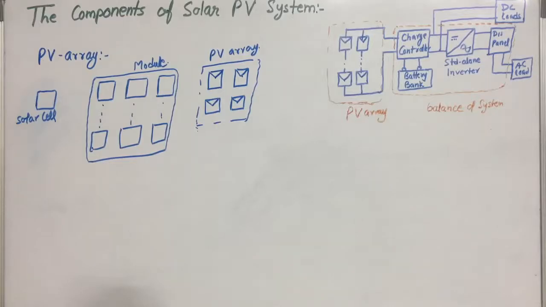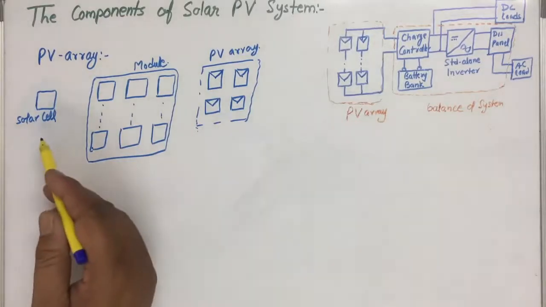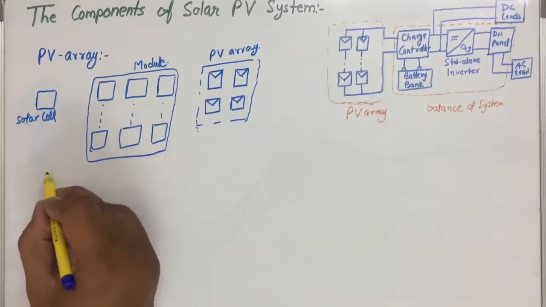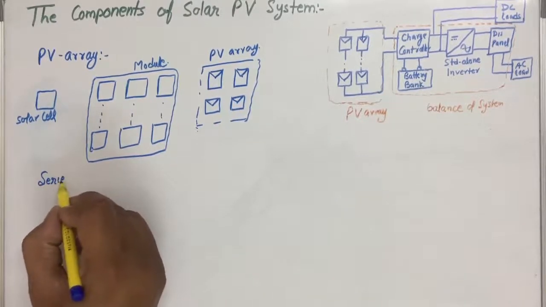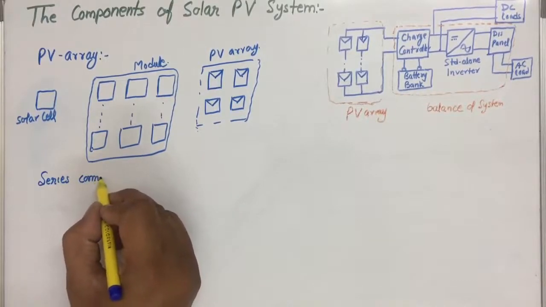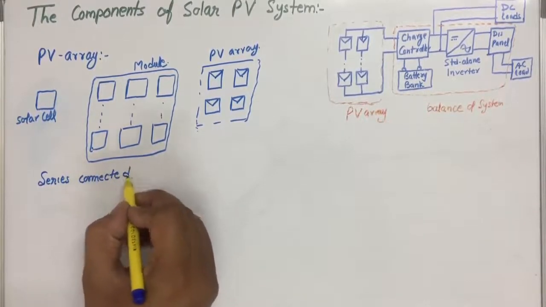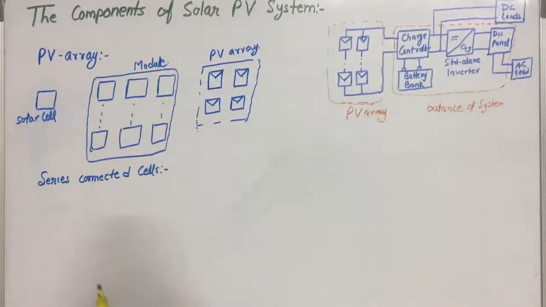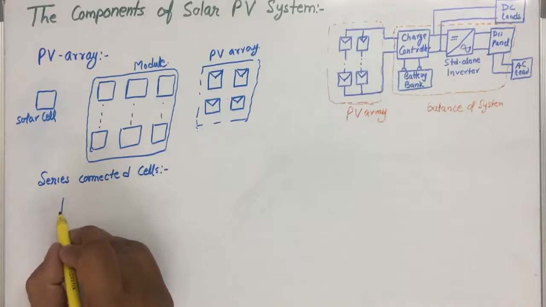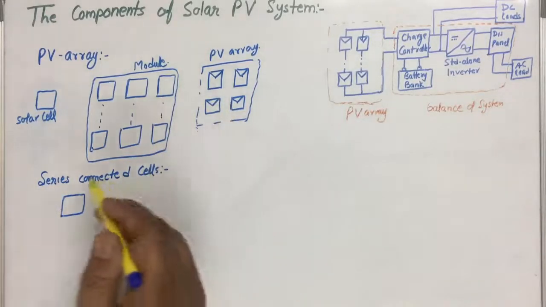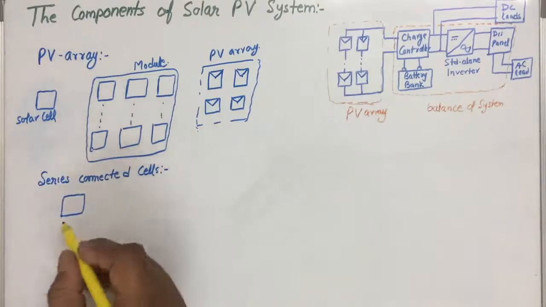So let us first consider when cells are connected in series. So for that purpose, let us see what will happen to the array if the cells are connected in series.